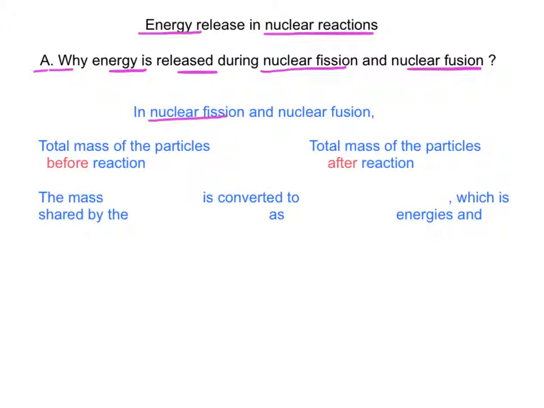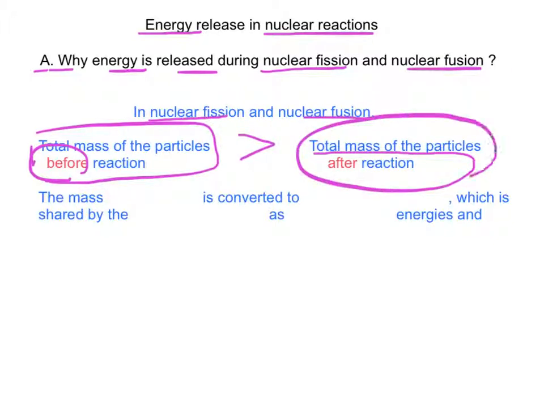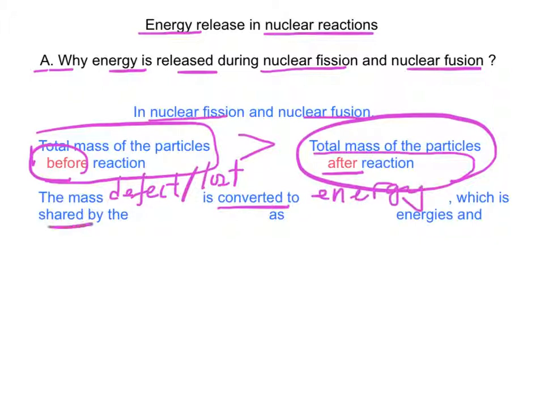In nuclear fission and nuclear fusion processes, the total mass of the particles before the reaction is larger than the total mass of the particles after the reaction, and the mass defect, or the mass loss, is converted to energy, which is shared by the products as kinetic energy and heat.